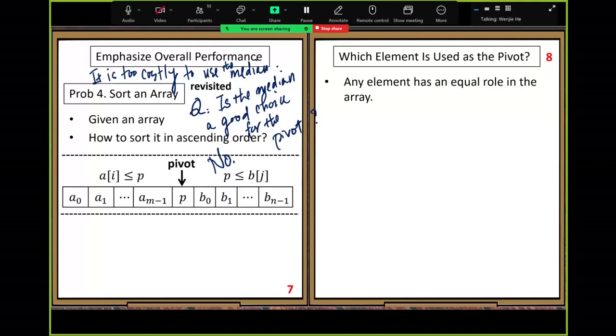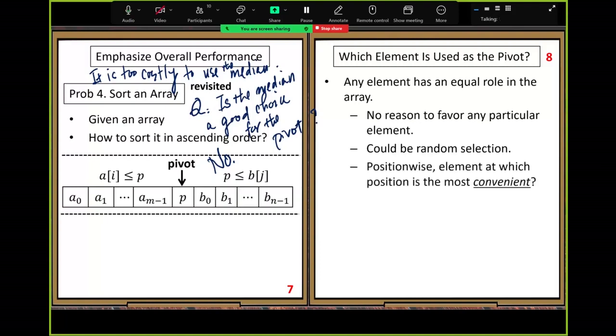We answered this question, how to select a pivot. No reason to favor any particular element, right? You don't know which element is better, which element is worse. You have no idea on it. If you have no idea on it, then just select anyone in the given array. Could be a random selection. So let's just do the random selection. All right.